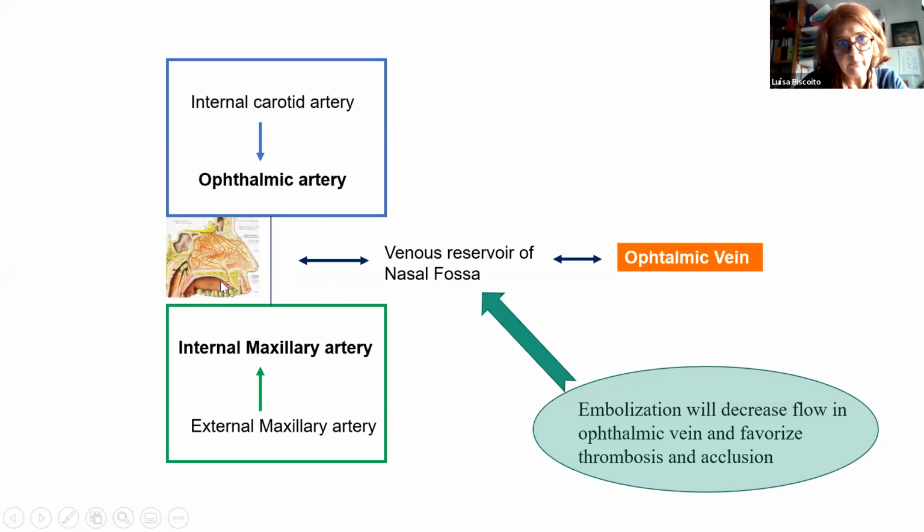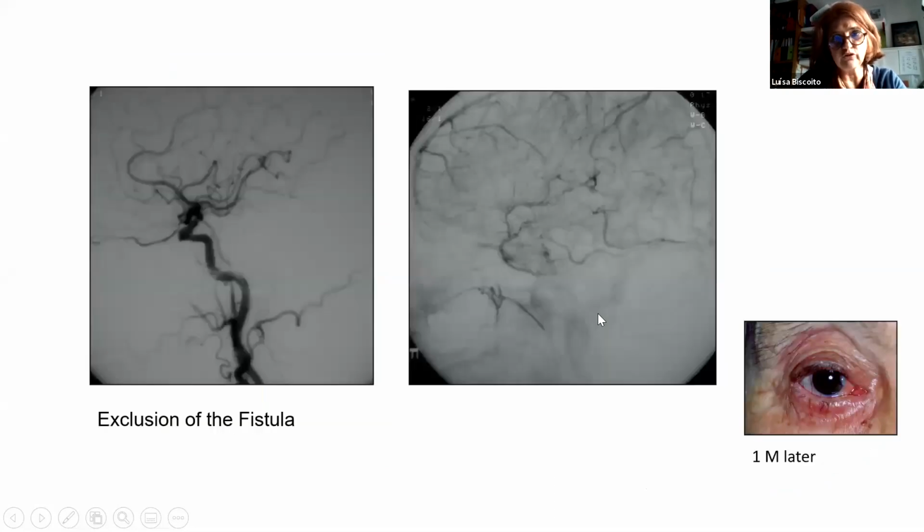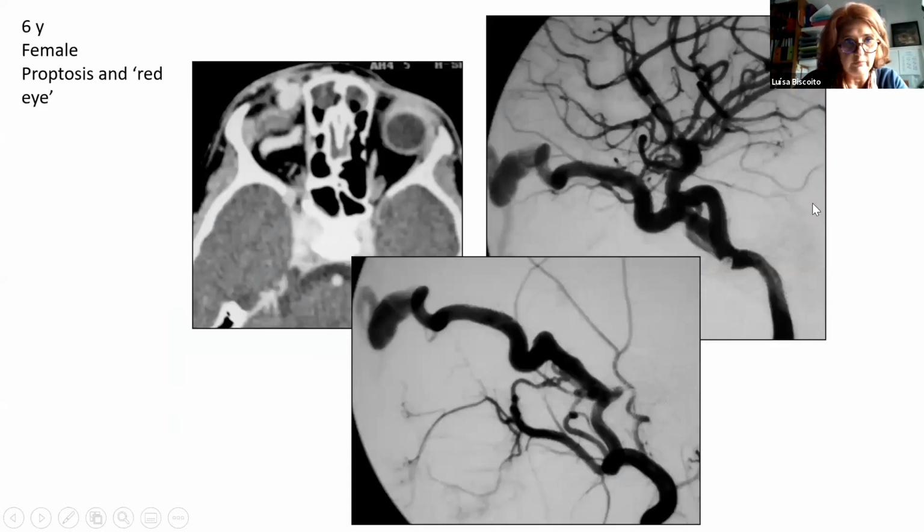So if we embolize the mucosa of the face, the nasal fossa, we decrease the flow in the ophthalmic vein. We induce slower flow and more thrombosis, helping a little to continue the process that was already developing naturally. It occludes the fistula and the symptoms regress.